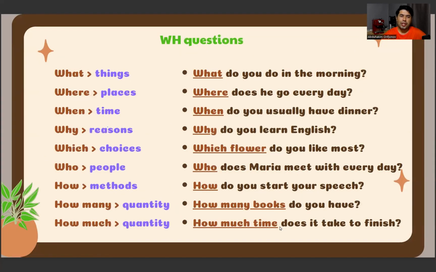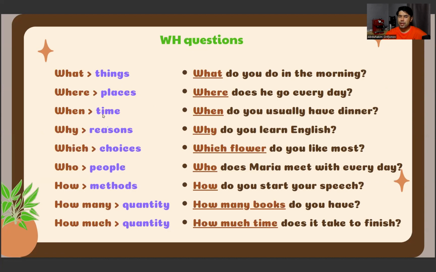Well, WH questions. You know: what, where, when, why, which, who, how many, how much. Well, what asks about things. For example, what do you do in the morning? Where asks about places. Where does he go every day?